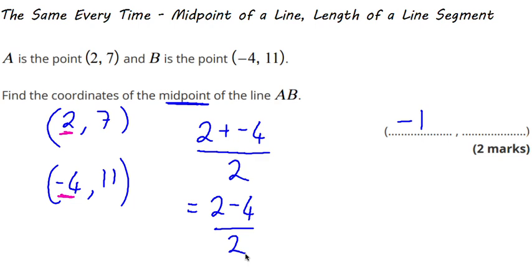That takes me to -2. -2 divided by 2: 2 divided by 2 is 1, but a negative divided by a positive gives a negative, so -1. Really all we had to do was add together the x coordinates and divide by 2.